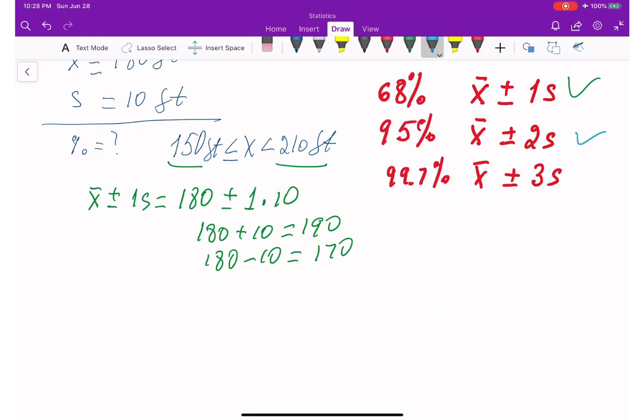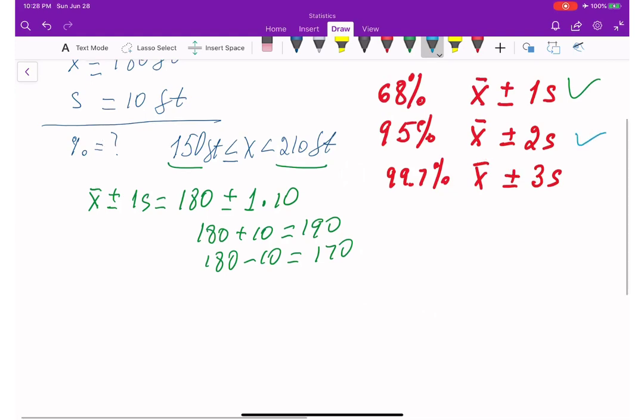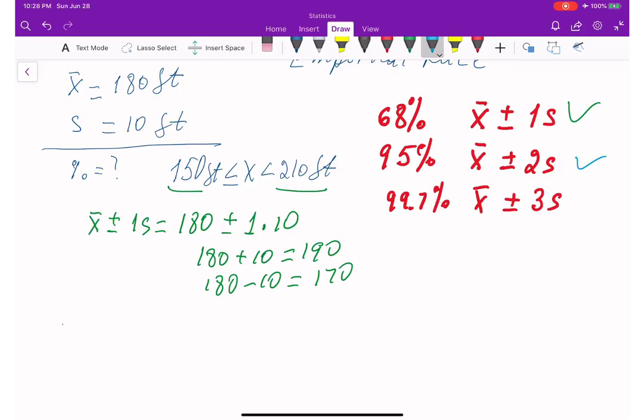Now we are testing two standard deviations. x bar plus or minus two standard deviations is 180 plus or minus twice 10, right?